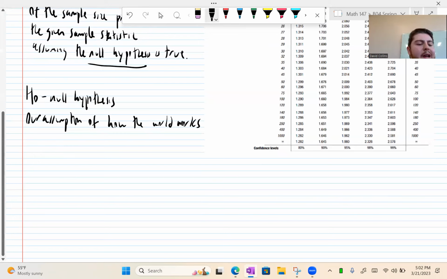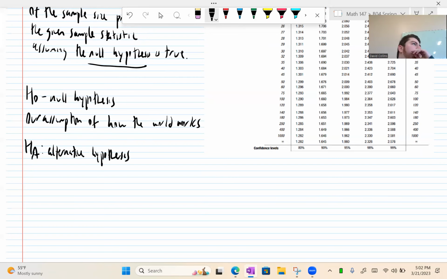So then we have H sub A, that's a capital A, our alternative hypothesis. After, let's say, running some tests, we say, hey, maybe our mean isn't 20. And that would be our alternative hypothesis. It's what we think might actually be the truth. For whatever reason, our null hypothesis isn't working. We're going to try something else.